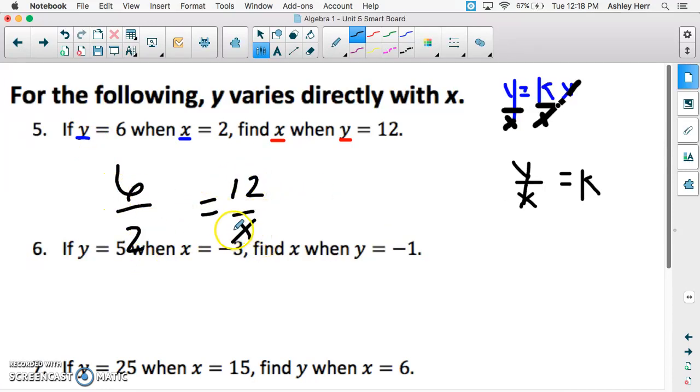Since this is a proportion, I can cross multiply. When I cross multiply, I get 6x is equal to 24. Divide both sides by 6, and I get x is equal to 4.